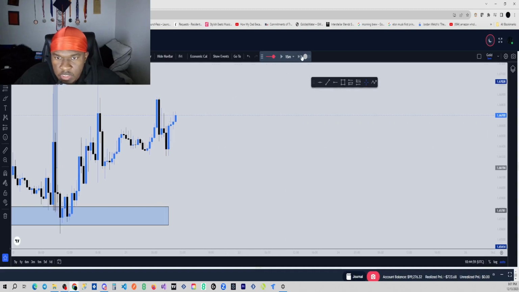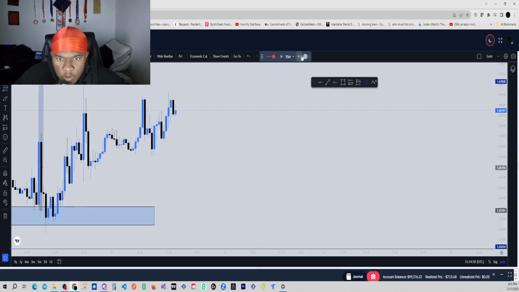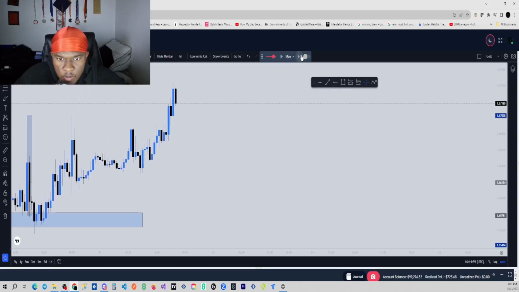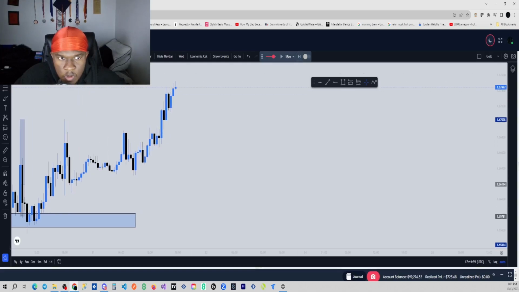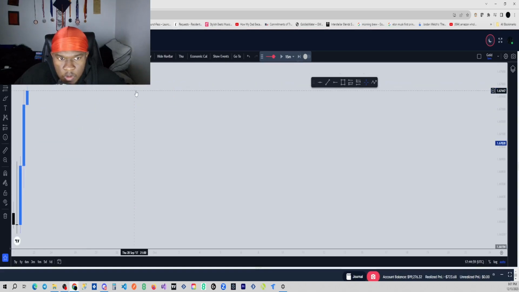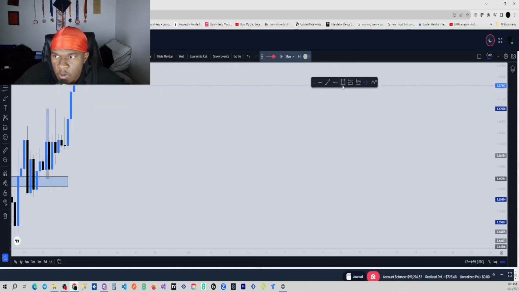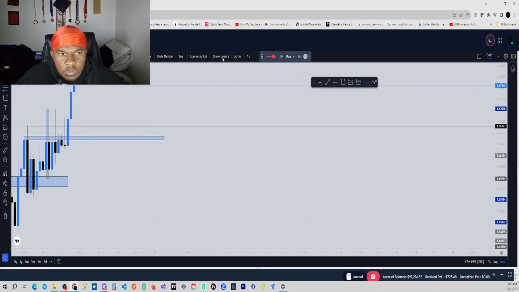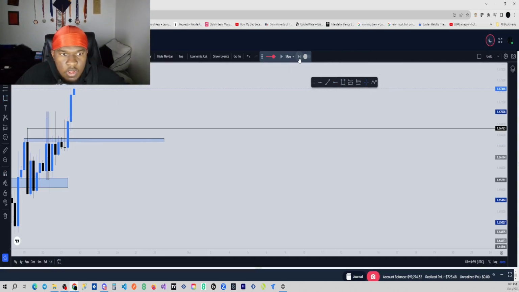Give me that setup. All right, let's get a retest of this in the zone right here. Another one of these two. Just waiting for a retest, something like this. One of these, either right here or down here, to continue to the upside.